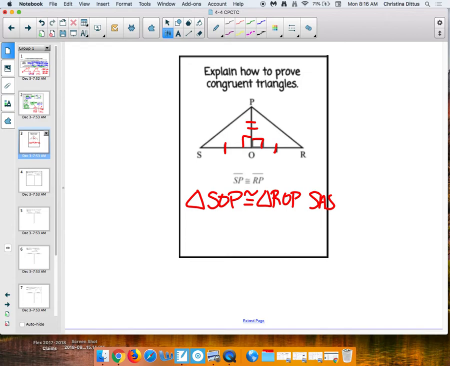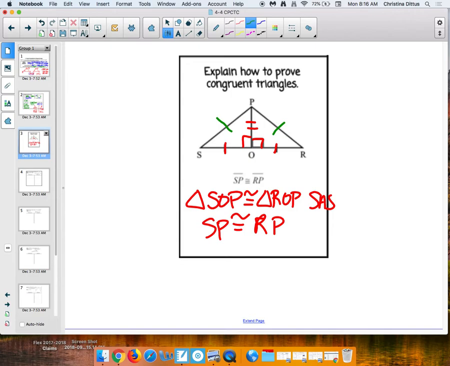Obviously this is an informal proof. Now, why is it true that SP is congruent to RP? It's not marked before. Would it be given? It's not a given thing. I just said our triangles are congruent.